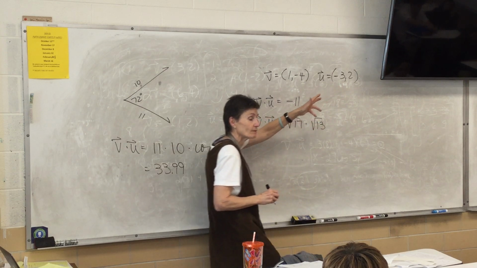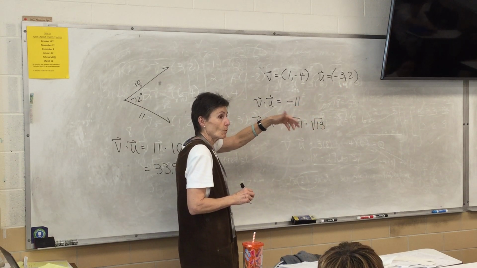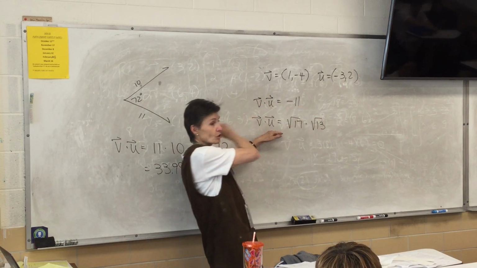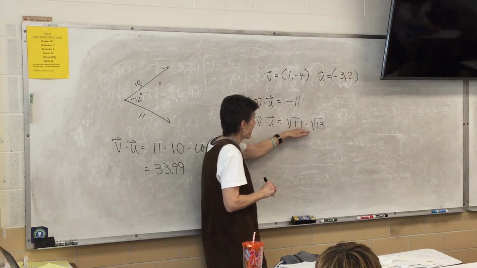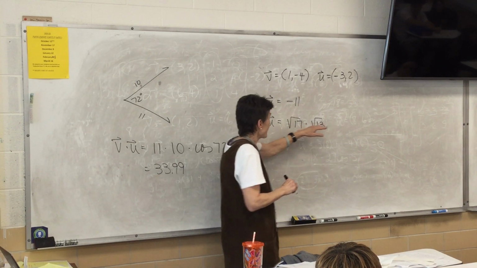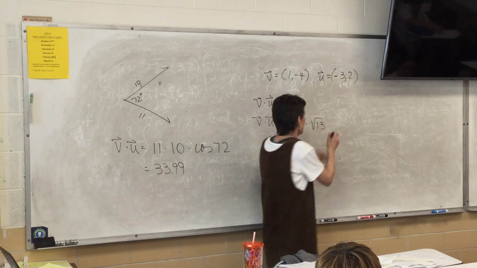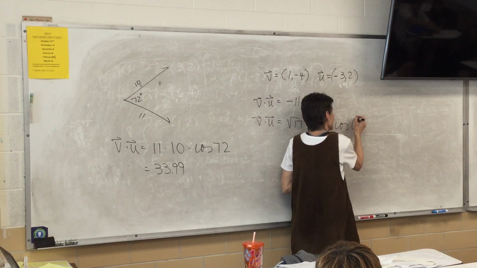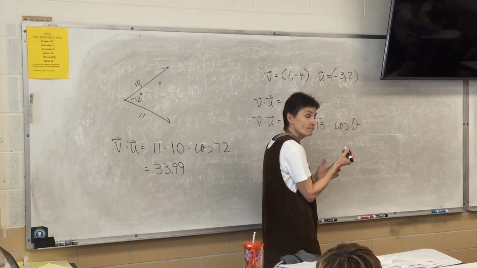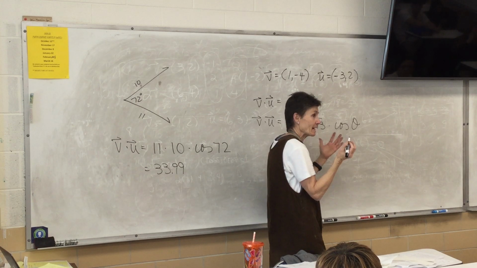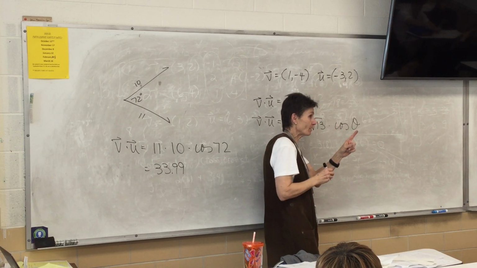It's the Pythagorean theorem. So our other definition that we just talked about for the dot product is magnitude of first times magnitude of second times cosine of the angle between them. I don't know what that is, but that's what I'm trying to figure out.